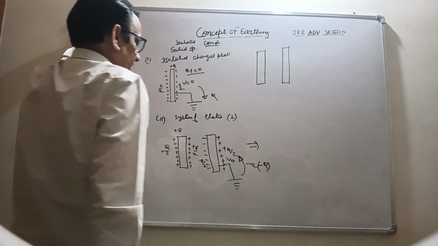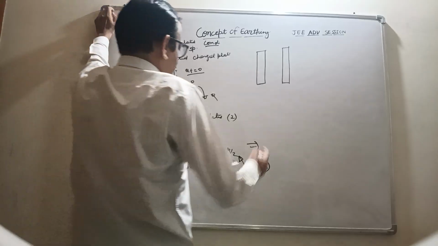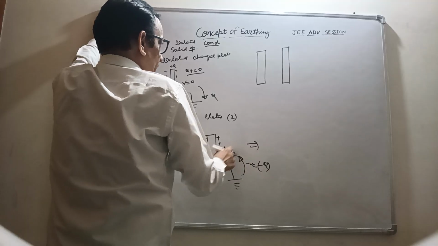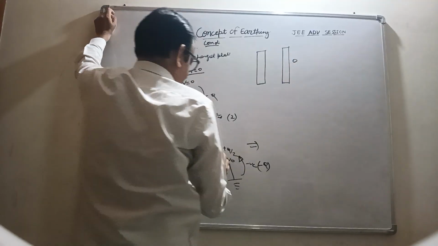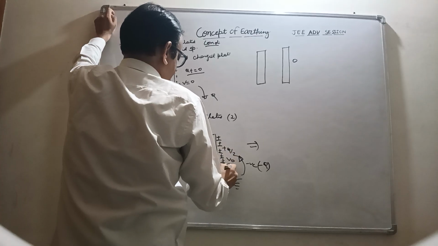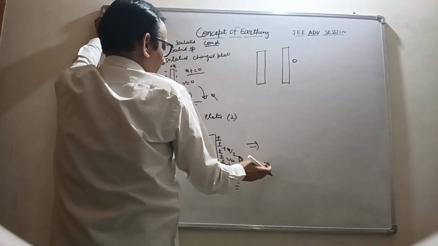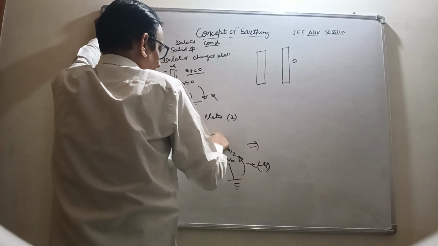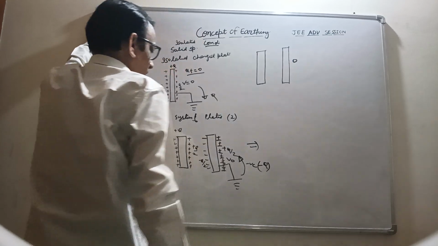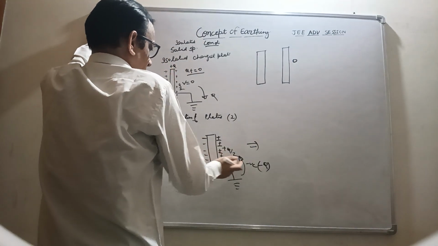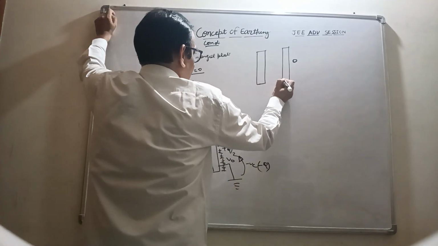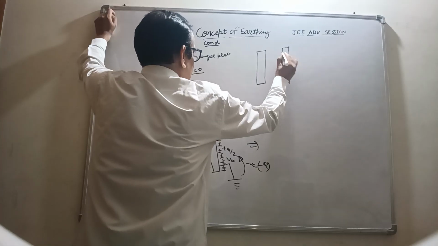By the redistribution of charge, the negative charge of minus q/2 here cancels out the charge from minus q. So here the charge becomes 0 and the minus q/2 charge shifts inside. So here the charge becomes minus q.